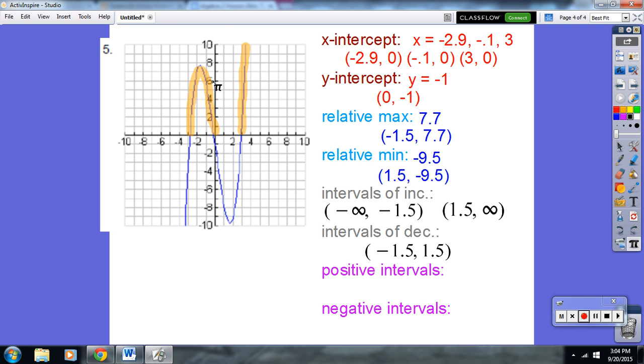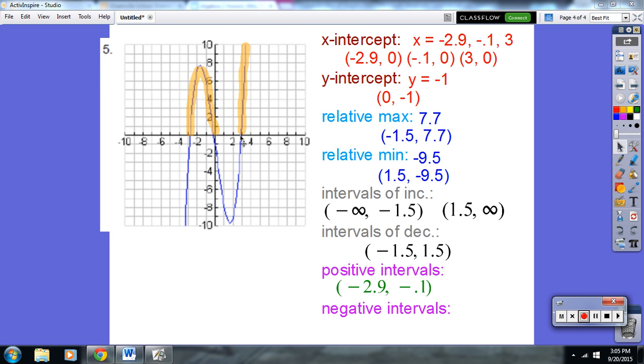This one piece here starts at x equals approximately negative 2.9 and then travels to this point, which is approximately negative 0.1. If you look, those numbers match up with the x-intercepts here. So my first interval would be negative 2.9 to negative 0.1. Then I have this next piece that's above the x-axis.